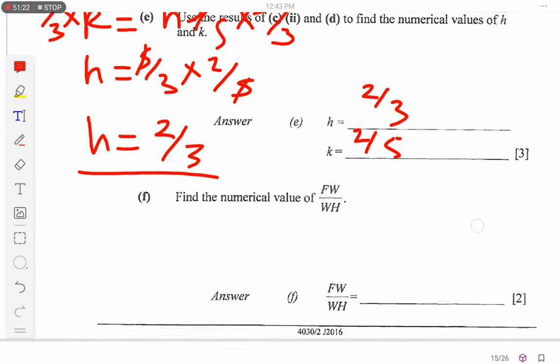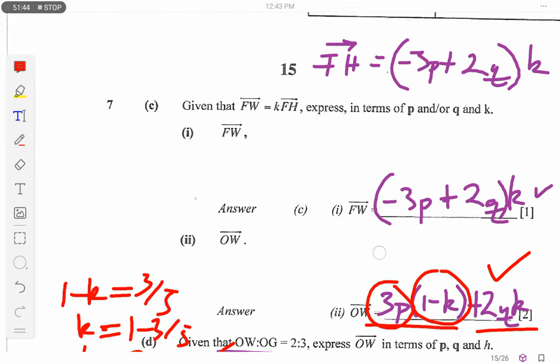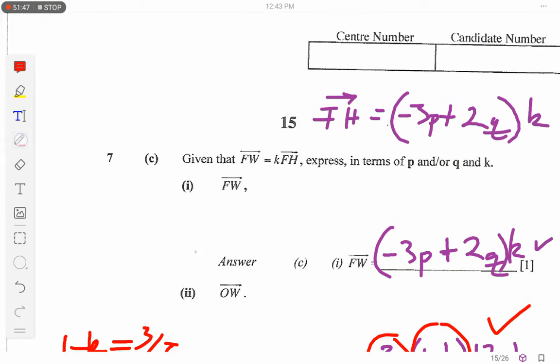Now let's go to the last part of the question of our vector. So the last part of the question is saying that our FW over our WH, there is a numerical value there. You find out our FW, we calculated it somewhere. Let me see FW, this one.